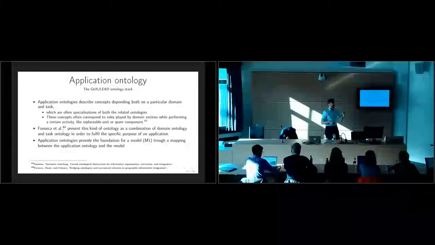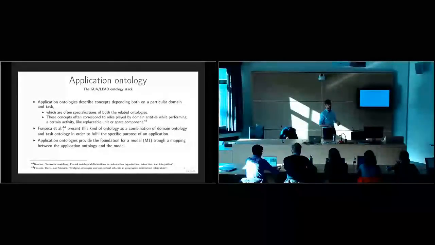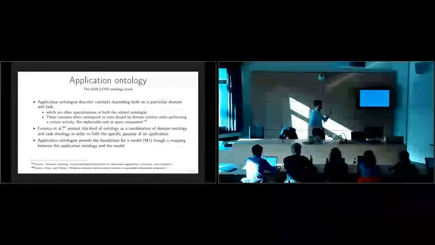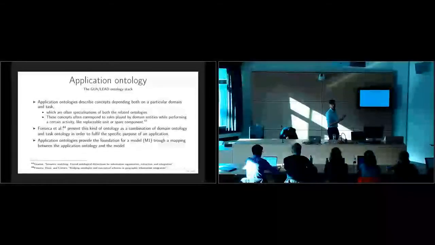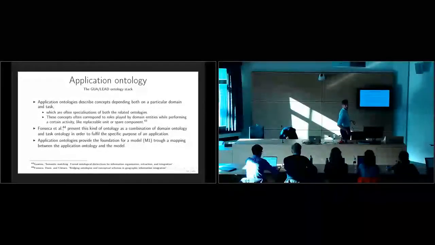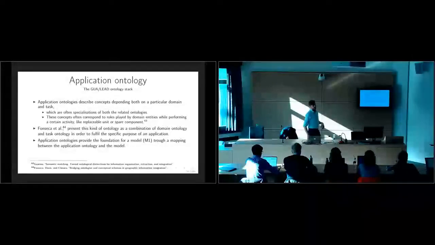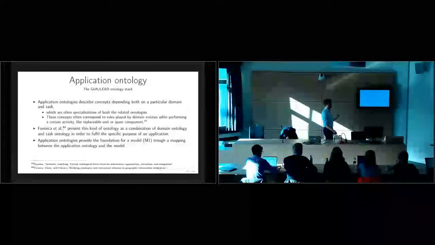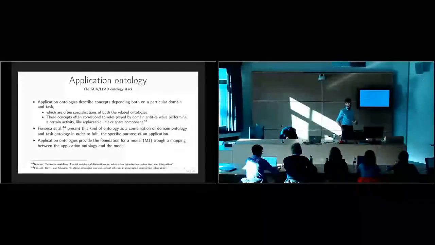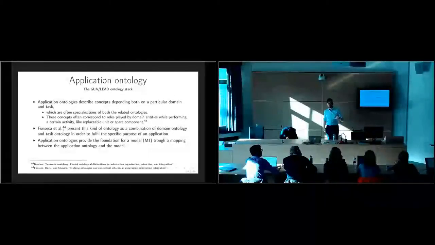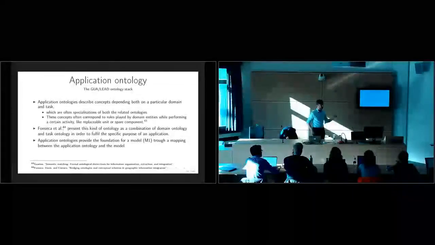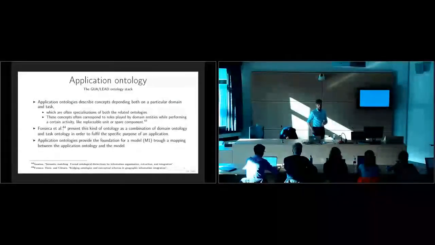Okay, in this application, I need this from the domain knowledge, and that from the domain knowledge, and that from the domain knowledge, and then I'm done. So it's more specific, and I use the word cherry picking, so that means that you don't have to reuse all concepts from your domain ontology in your application ontology.